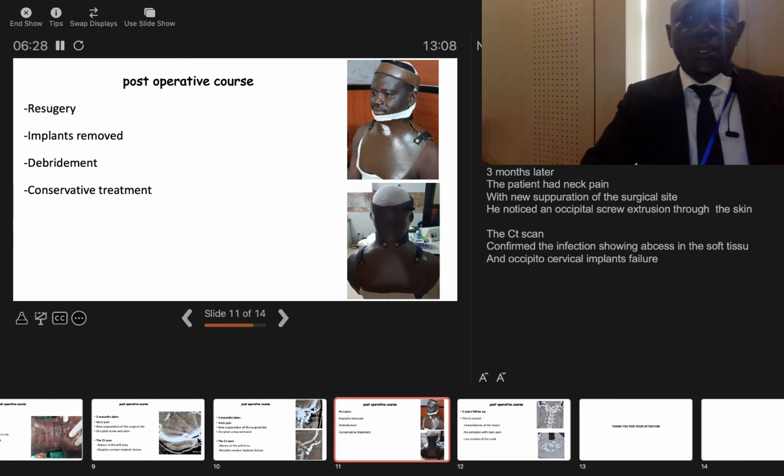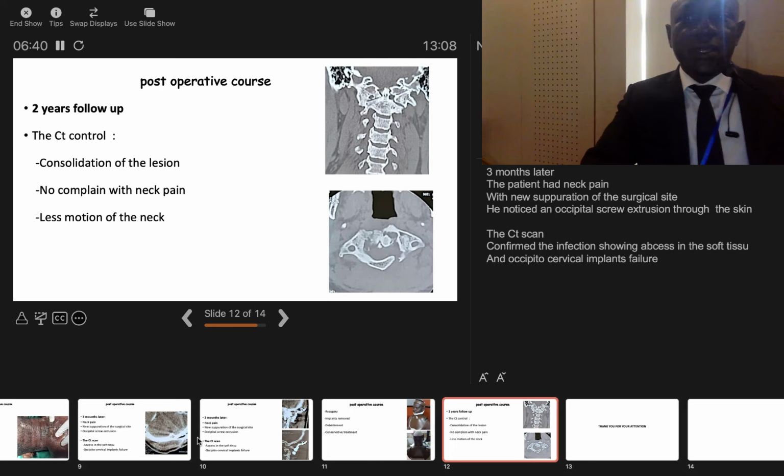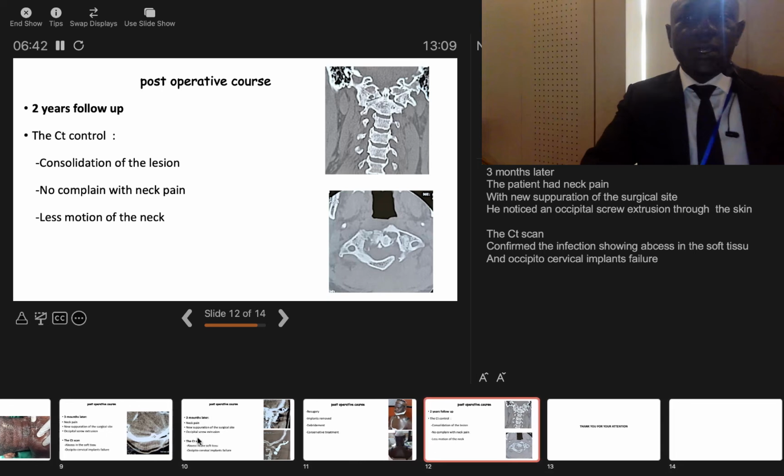The patient went for surgery again. The implant was removed with debridement and conservative treatment was made. After 2 years of follow-up, the course remained a good recovery.